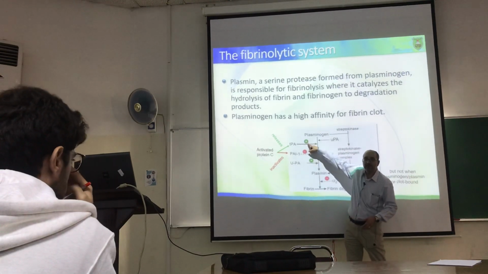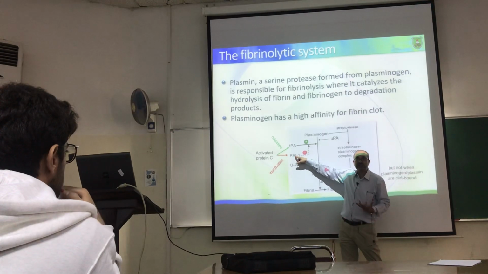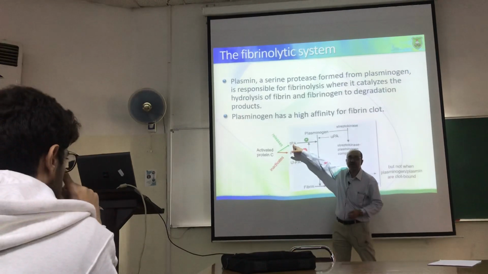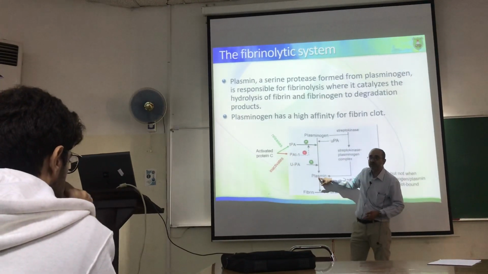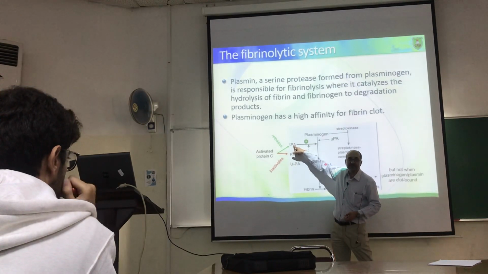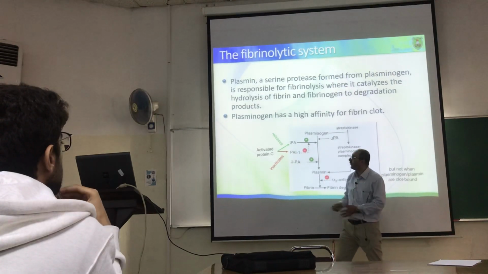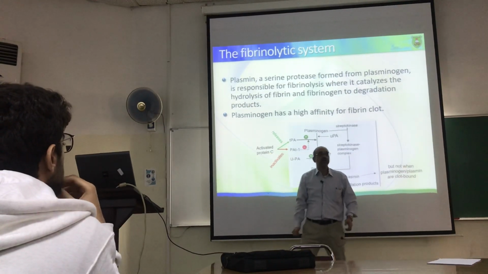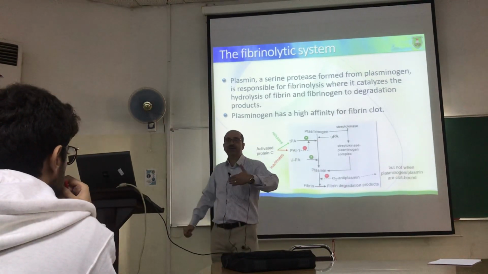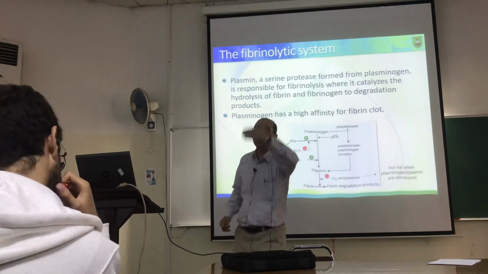It functions on the plasminogen activator. So this is an inhibitor. So plasminogen activator produces more plasmin. Plasminogen activator inhibitor inhibits this. This by itself is also regulated by activated protein C. So we have an inhibitor that inhibits the inhibitor. When the inhibitor gets inhibited, it activates the activator. The activator activates plasmin.